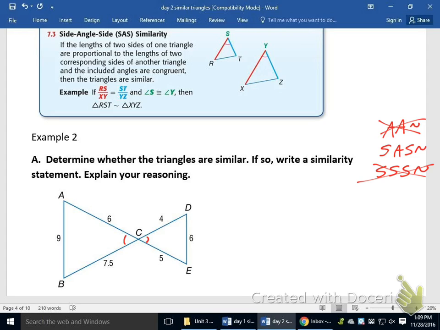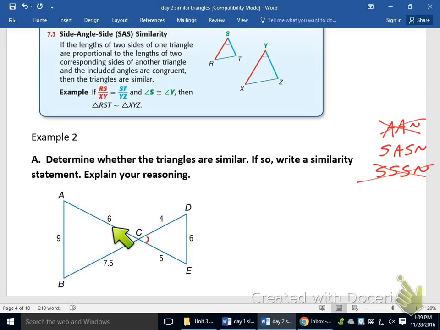Now, moving right along, let's compare some sides. I know that 9 would need to maybe correspond to 6, but since I've already got that angle in there, I'm going to work with the 4, 5, 6 and 7.5. 6 will actually match to 4. Now, how did I know that? Maybe I didn't at the beginning.